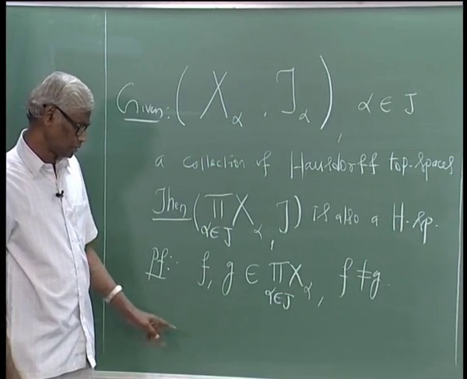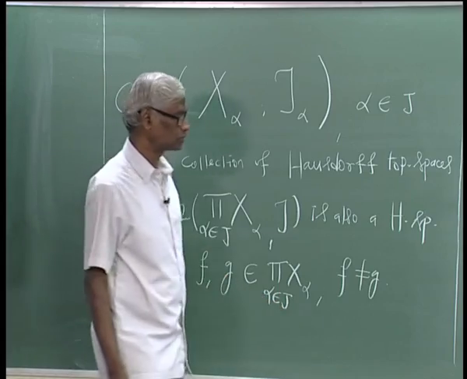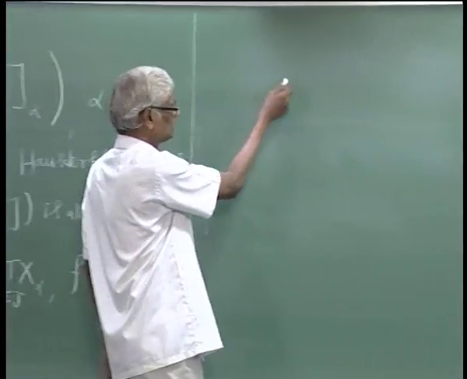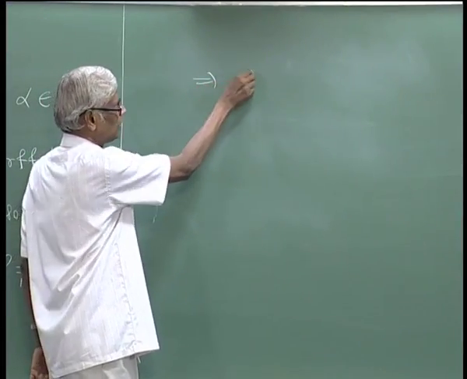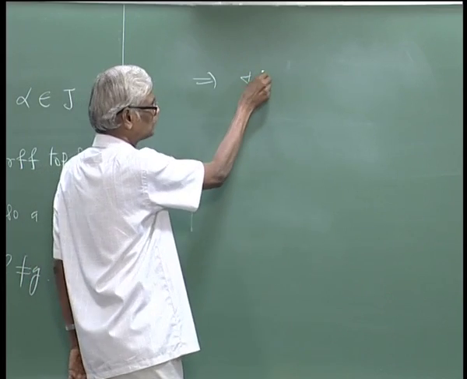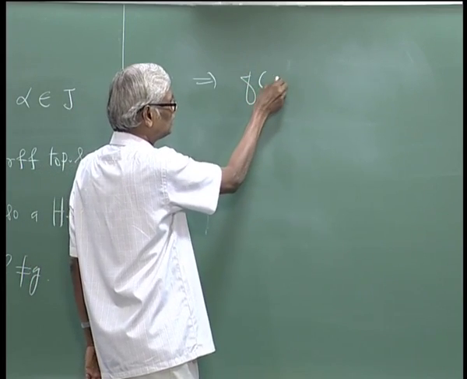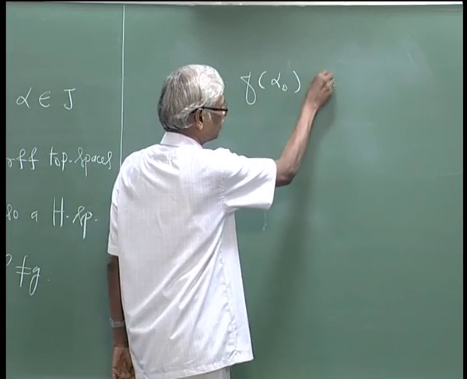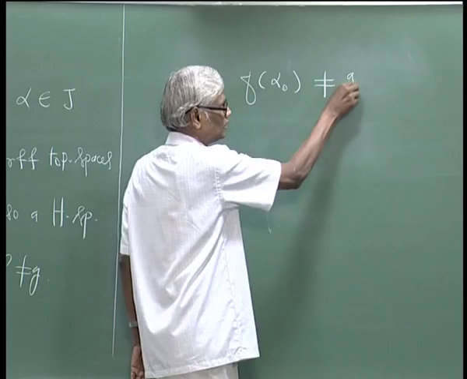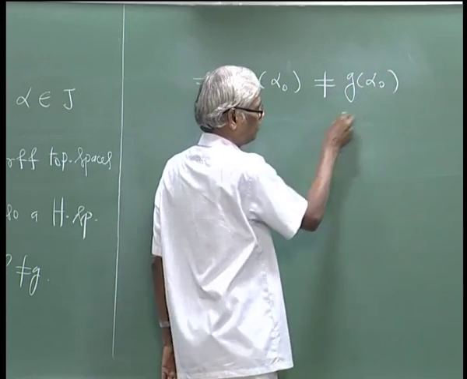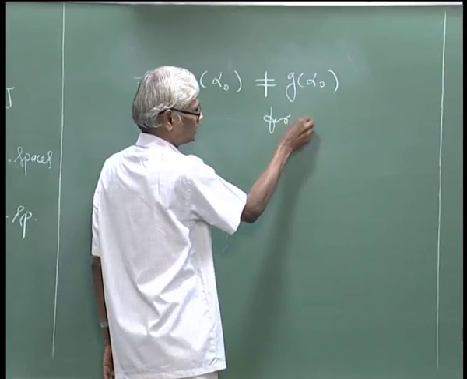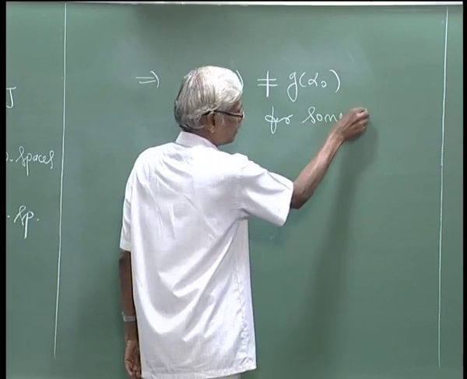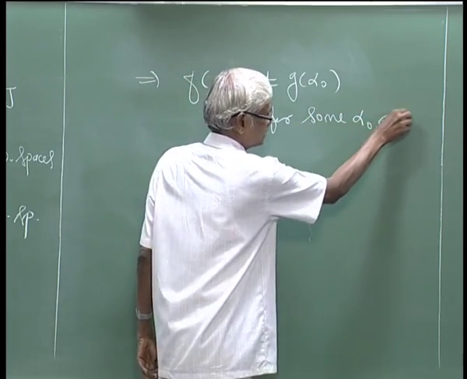Then for at least one alpha_0 belonging to J, f(alpha_0) is not equal to g(alpha_0).